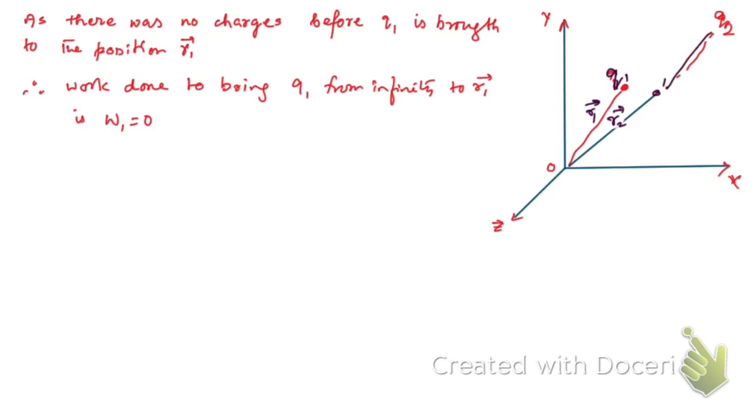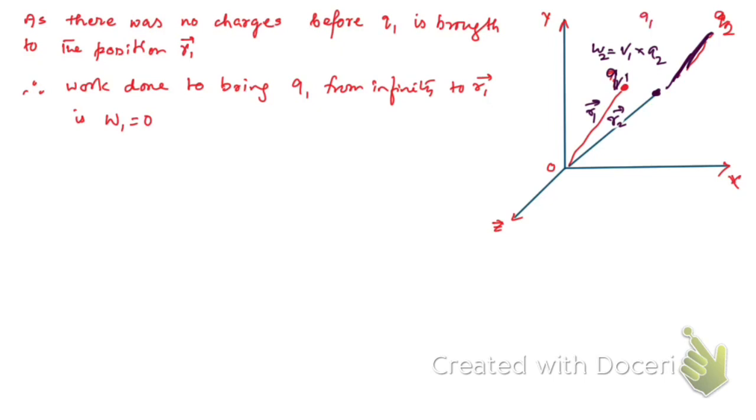We are to bring this Q2 here. So first, in order to find the work done to bring this one to this point, we are to find the potential due to this Q1 at this point, because work done will be given by potential due to Q1 charge, that is V1, into Q2. That's going to be the work done to bring Q2 to this position, right?